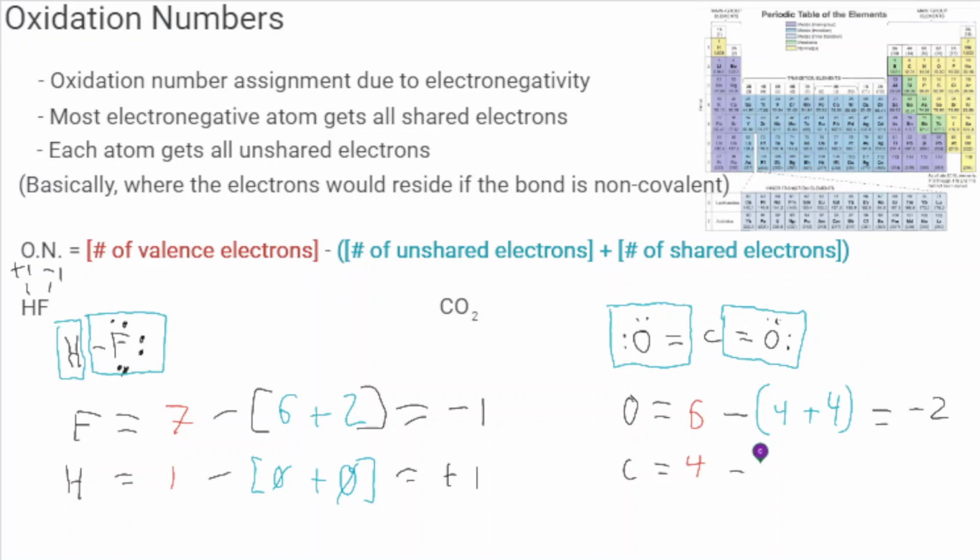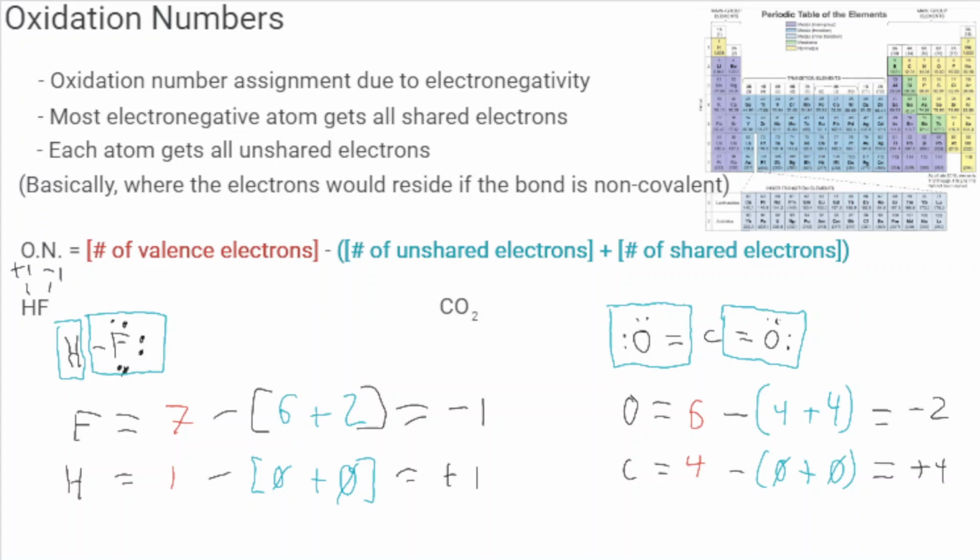In this case, we have 0 dots, so 0 unpaired electrons, and it's the least electronegative element in this molecule, so it's not going to get any of these shared electrons, so it's going to have 0 shared electrons. And so this gives us 4 minus 0 plus 0, or 4 minus 0, and so this is going to give us a +4.